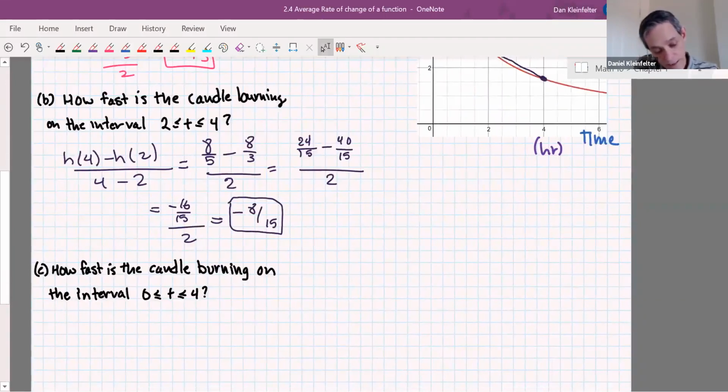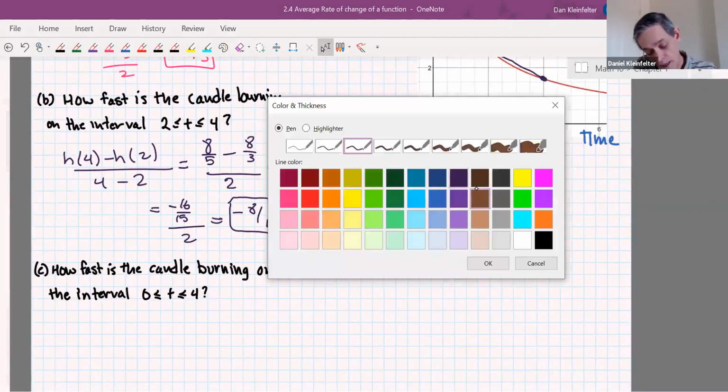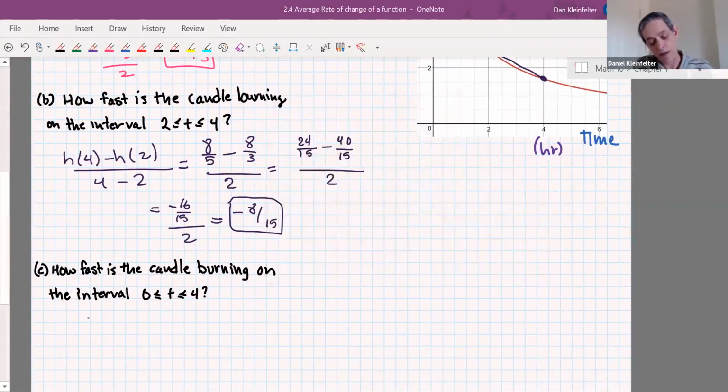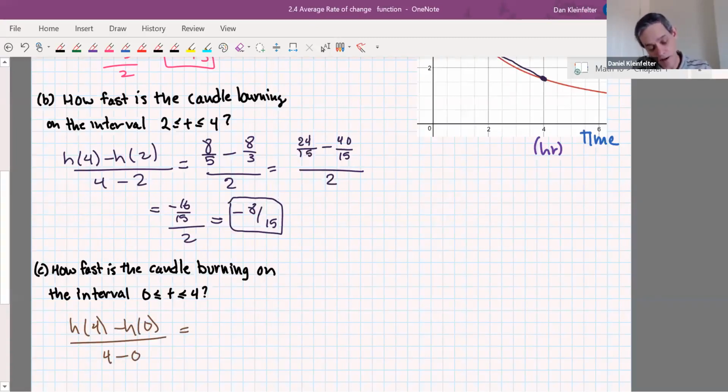Okay, and then finally, let's figure out how quickly the candle is burning on the interval between 0 and 4 hours. So we'll have h of 4 minus h of 0. And then that's divided by 4 minus 0. H of 4 we calculated above here as 8/5.